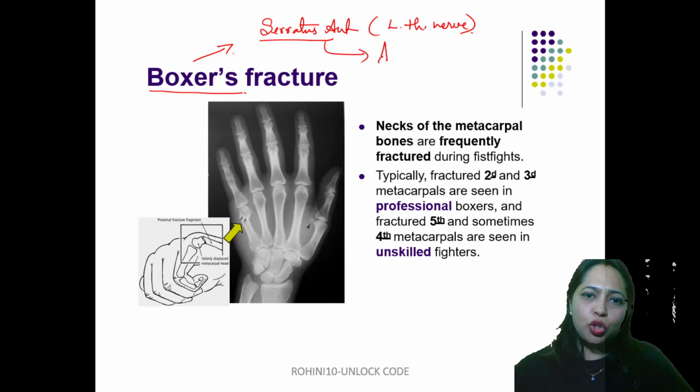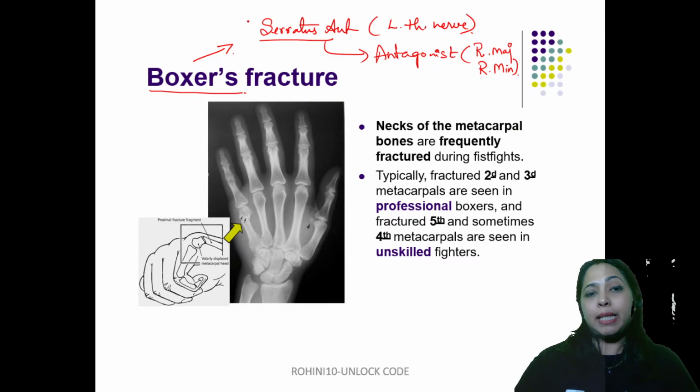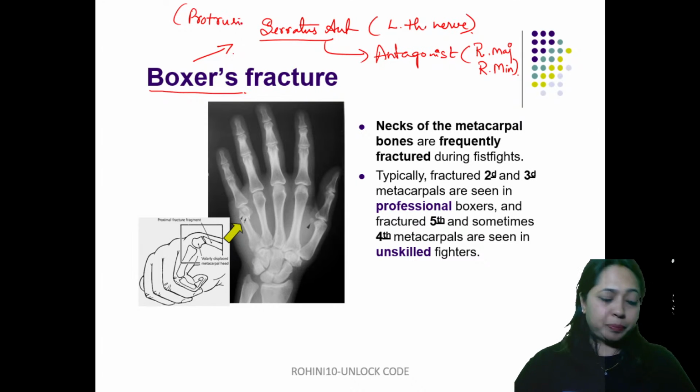And the antagonist to this is the rhomboid major and rhomboid minor. Please remember, serratus anterior movement is considered to be protrusion of the scapula.